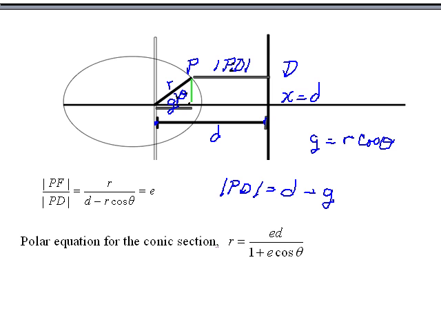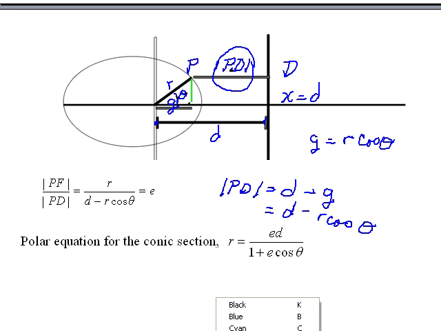So now we can say that the distance from the point to the directrix, this distance up here, equals d minus r cosine theta, and that is the denominator right here. And now we're done.